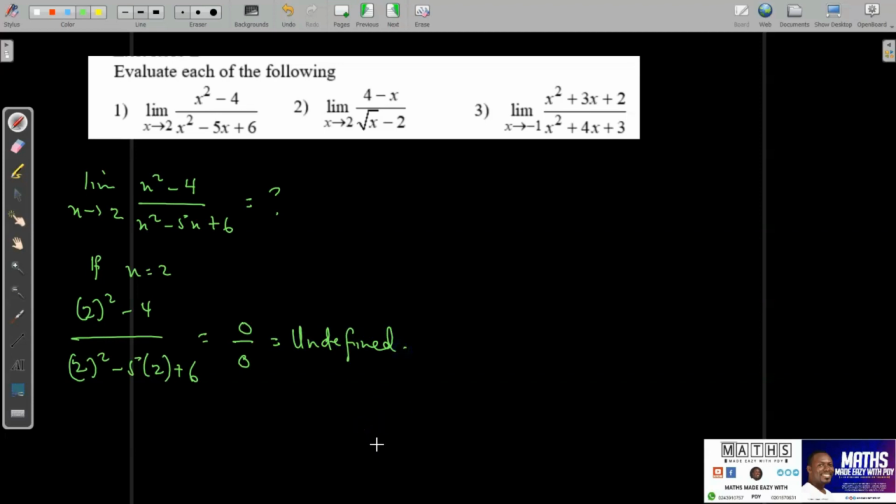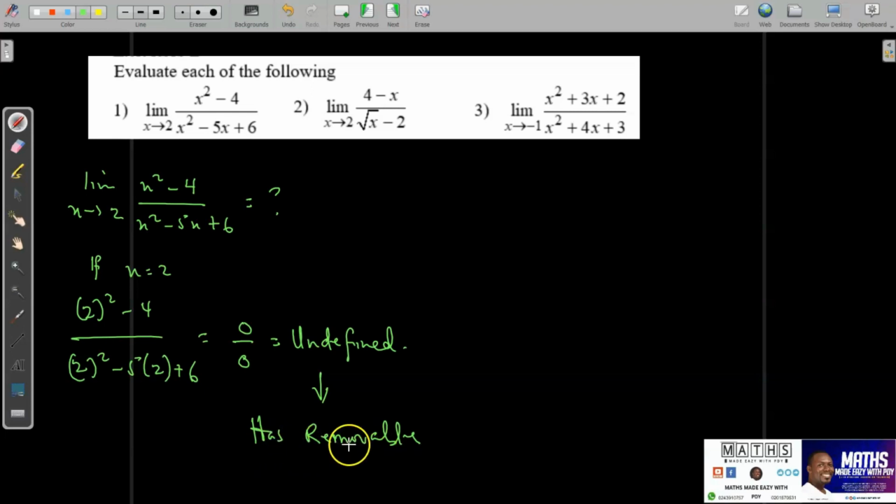Yes. Good. So since you are getting an undefined solution when you plug in the value x equal to 2, what clue does this give you? It tells you that this function has a removable discontinuity factor. I made mention of it early on.